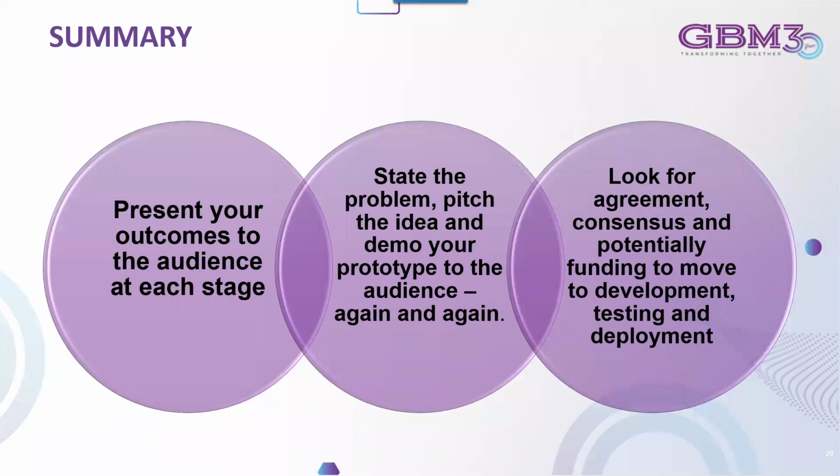And also, each time, look for agreement, consensus, potentially funding to move to the development, testing and deployment phase. If we do this right, that last one should just be an automatic sign-off, because to a certain extent they're signing off on their product, their project, because they've been involved from day one.